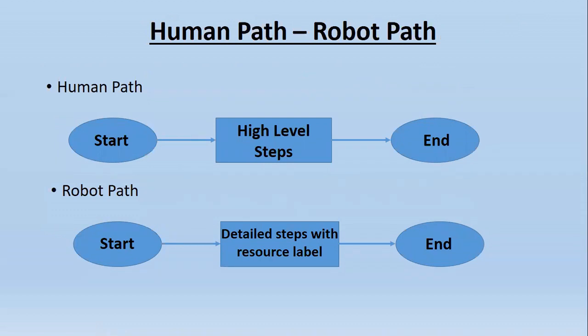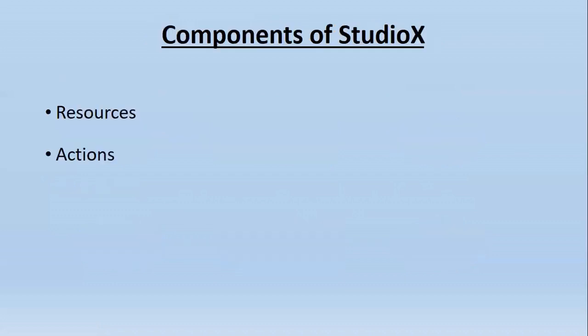Now the robot path is kind of the same, but it's a detailed step with resource labels. What a resource label is, we're going to cover in the next slide, when we talk about the two main components of UiPath StudioX, which are resources and actions. These are the two main components that comprise everything that we perform in UiPath StudioX.